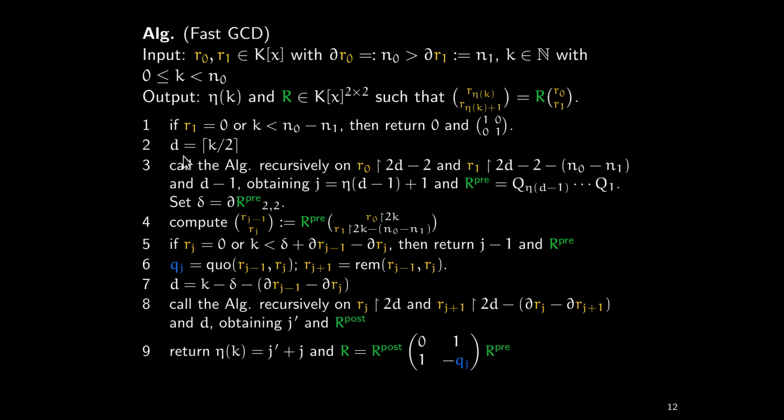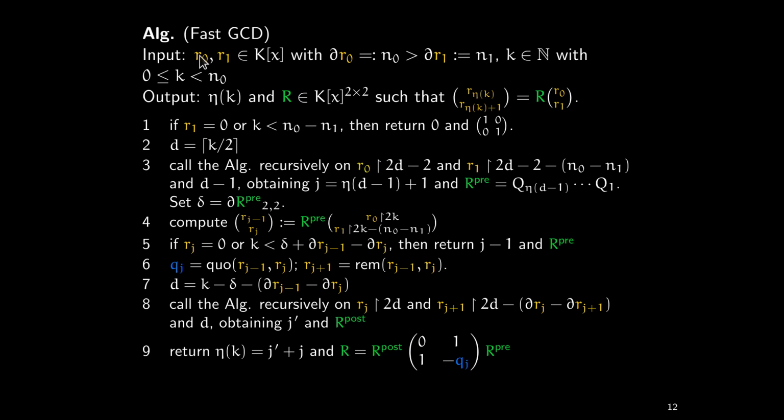We divide the problem in the middle and say, okay, we want to go an amount of k in the sum of the degrees of the q's, but let's first go halfway and say d is half of k, and then apply the algorithm recursively to get a matrix that goes just halfway.